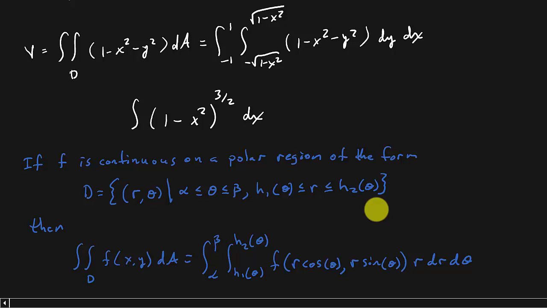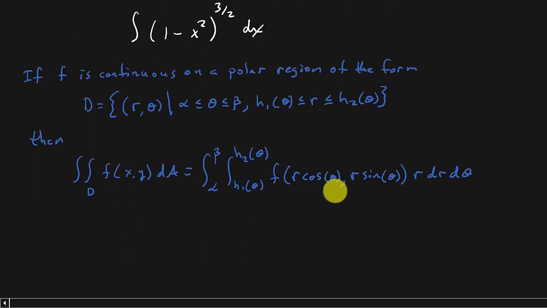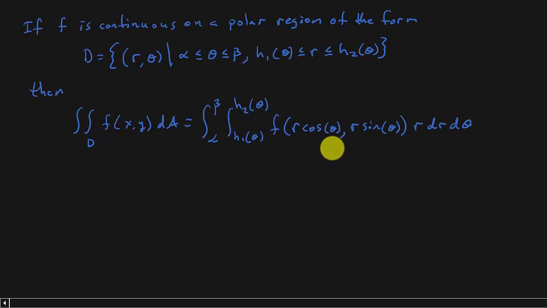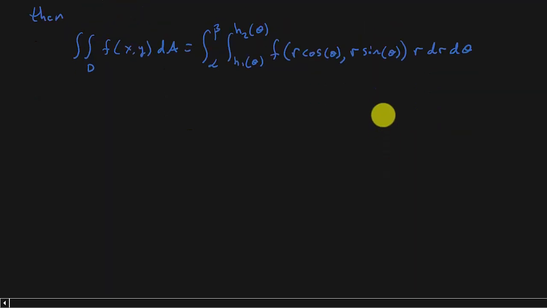Hope that made sense. All right, so let's look at this. So if f is continuous on a polar region of the form D is (r, theta), such that theta is between alpha and beta and r is between h1 of theta and h2 of theta, then the double integral of f of x, y dA is the double integral from alpha to beta, h1 of theta to h2 of theta of f of r cosine theta, r sine theta, and then of course don't forget the r times dr d theta.